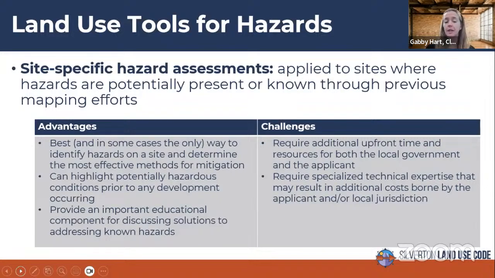It can highlight potentially hazardous conditions prior to any development occurring, even if it wasn't on a specific map. And it provides an important educational component for discussing solutions to addressing known hazards.